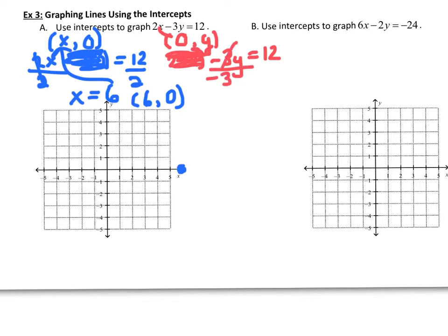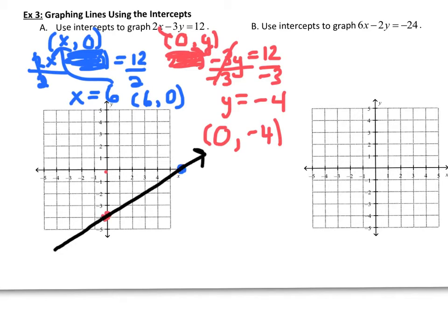So we'll divide both sides by negative 3, and we get y equals negative 4. So the y-intercept is (0, -4). So we go 0 over and 4 down. Now we connect the x-intercept and the y-intercept with a line.